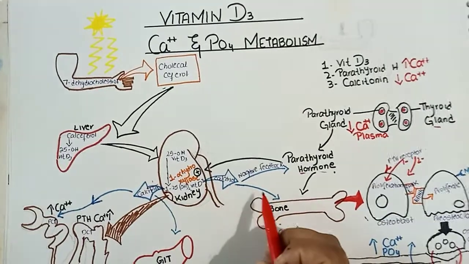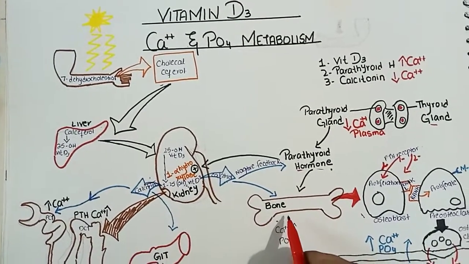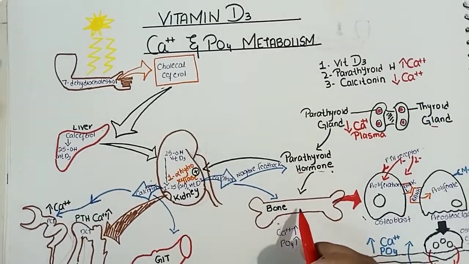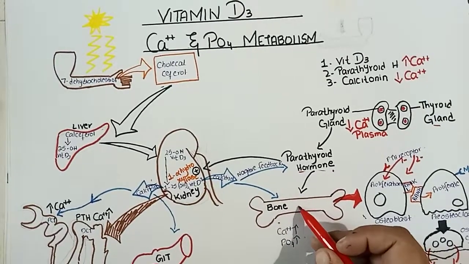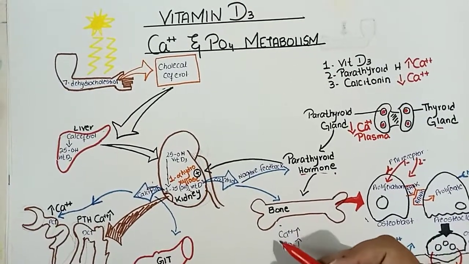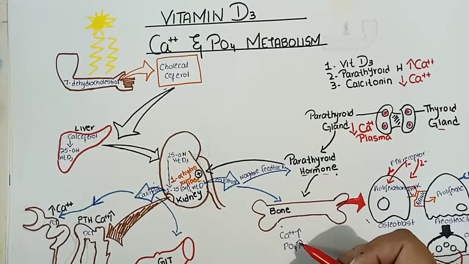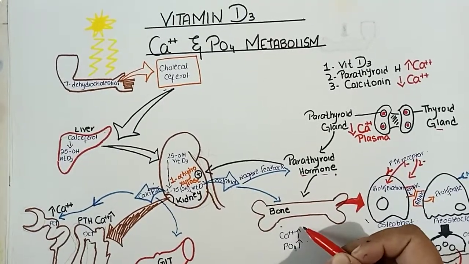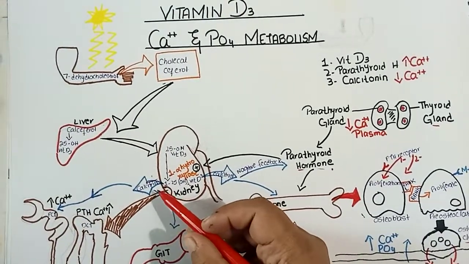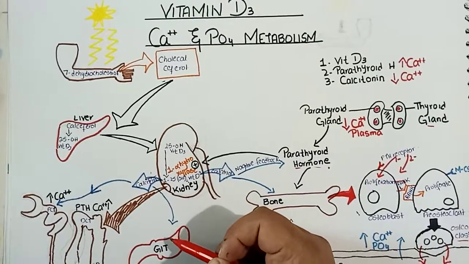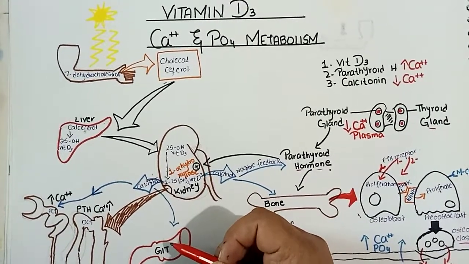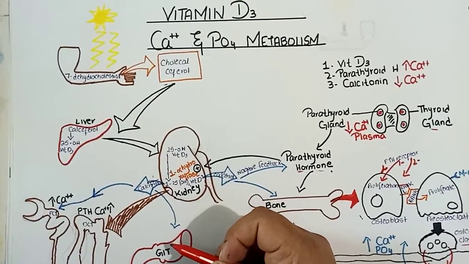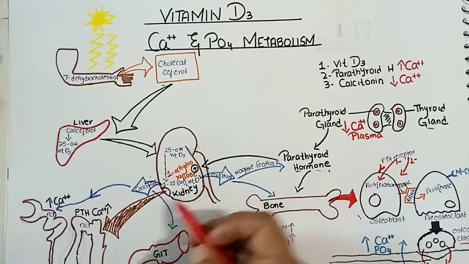Then it will act on the bone, and on the bone it will break the bone matrix to release calcium and phosphate into the plasma and elevate the calcium and phosphate level of the plasma. It will also act on the GIT and increase the absorption of calcium and phosphate ions.